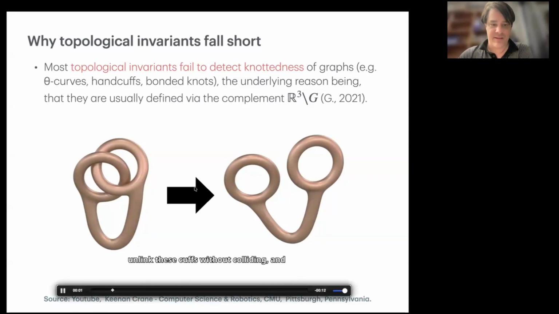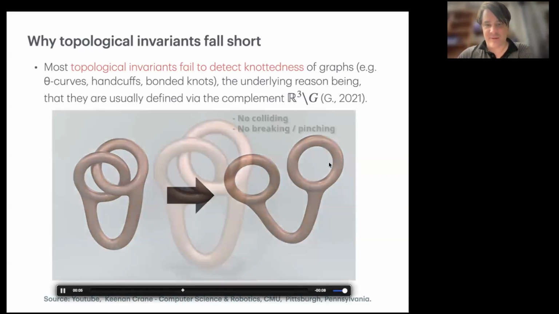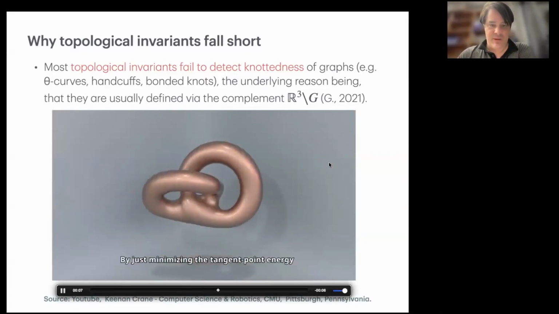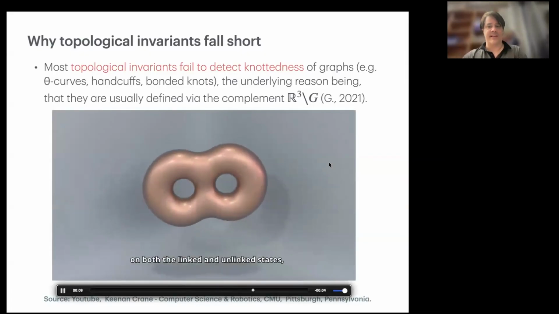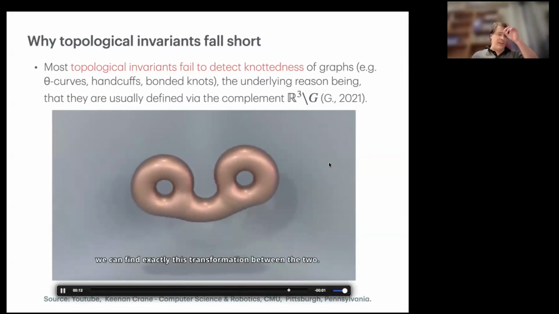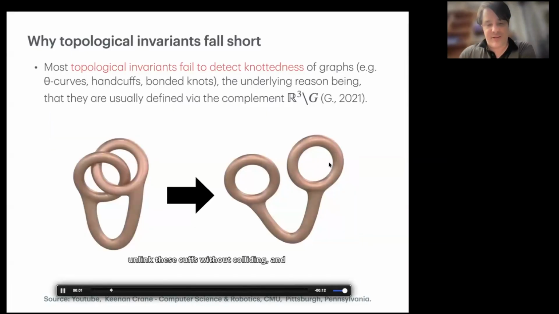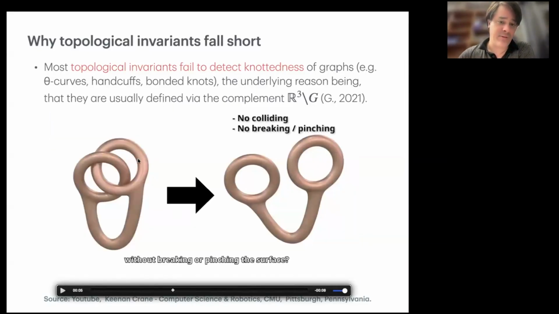Here, I think this is a video which shows this old handcuff trick, that topologically you can always unlink a handcuff. But in knot theory, since we are dealing with one-dimensional graphs, these should not be the same. So we want to have an invariant that would detect this.